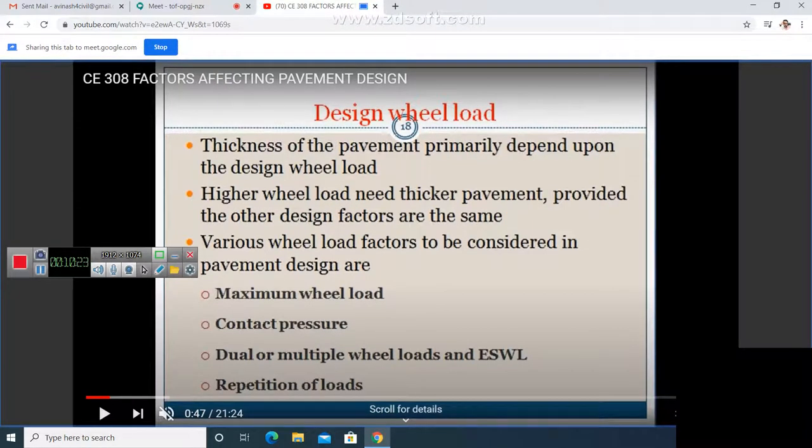Maximum wheel load, contact pressure, dual or multiple wheel loads, and ESWL. What is this ESWL? Equivalent single wheel load. ESWL is the abbreviation for equivalent single wheel load. And the last one is the repetition of loads. Now let us see everything in detail.